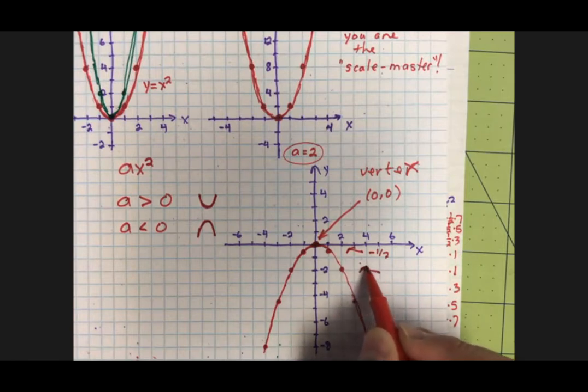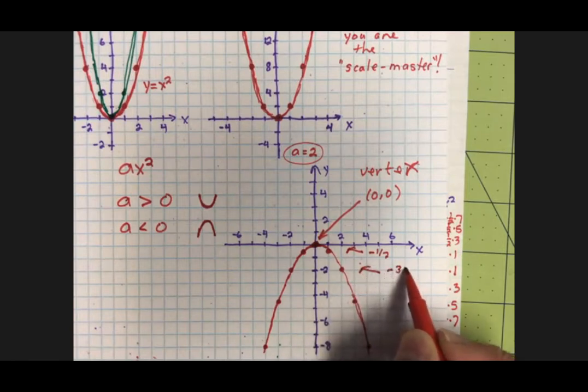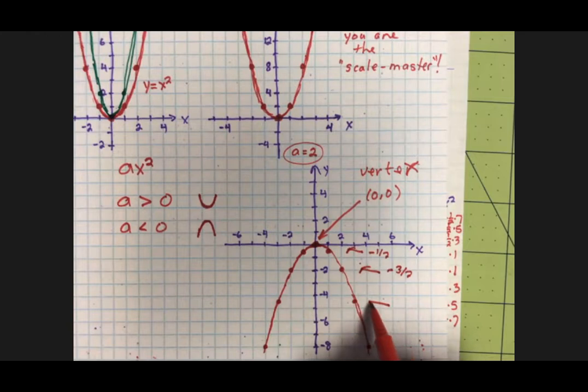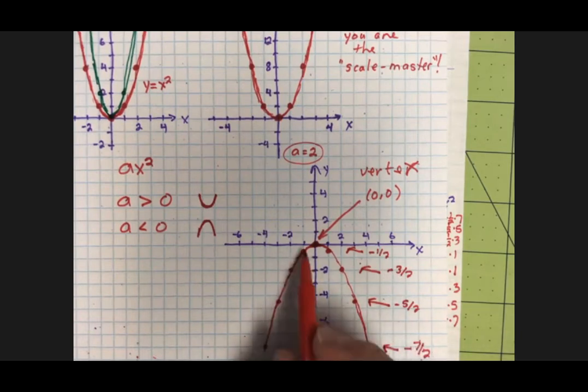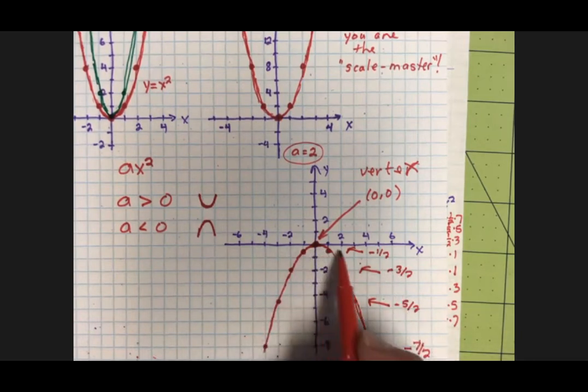Then I went down 3/2. Then I went down 5/2. That 1, 3, 5 pattern to get to -8 from -4.5, I went down 7/2. Keep that 1, 3, 5 pattern in your mind. It's not the only way you can draw a parabola, but it's excellent for drawing some basic parabolas.